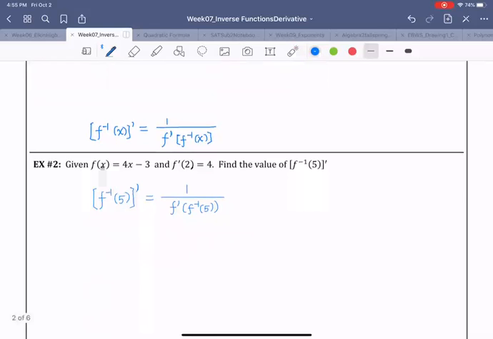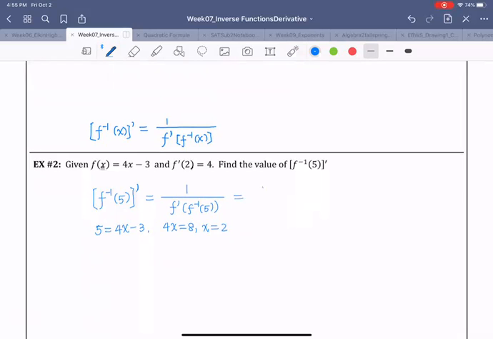So f inverse of phi is how much? For f inverse of phi, you are going to make your y equal to phi and get your x. We're just solving for that. So x equals 2.